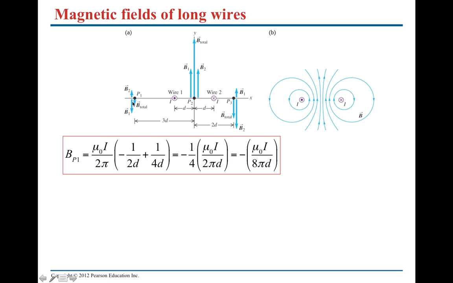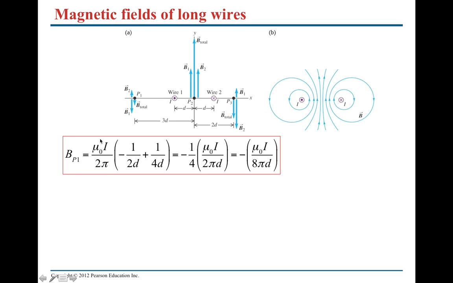So at point P1, the one that is going to be subtracted is B1, B due to wire 1. Remember, if the distance from here to here is 3D, and this is D, then this will be 2D.